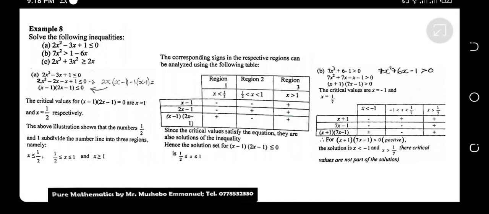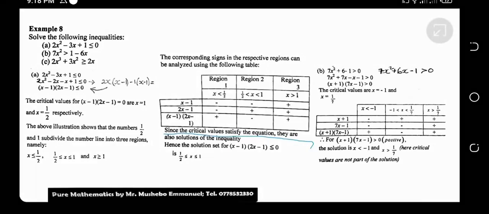After this table of ours, we can say that since the critical values satisfy the equation, they are all solutions of the inequality.